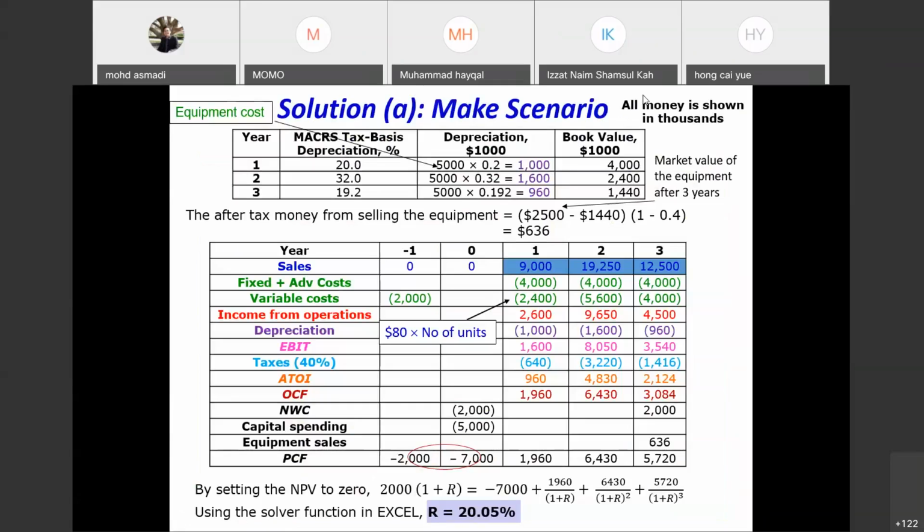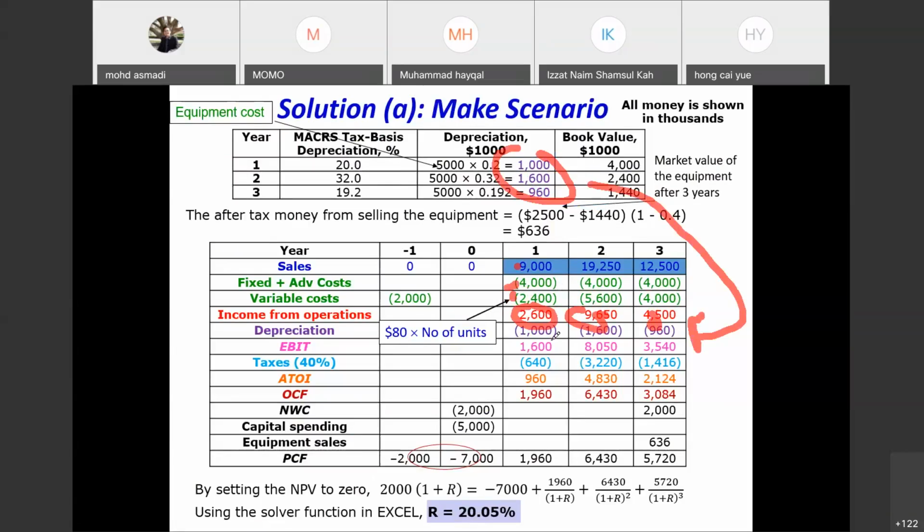So we have times $80 times number of units. This is the variable cost. And then similarly, you can get this one, EBITDA, this one minus this one, and then depreciations you put here.